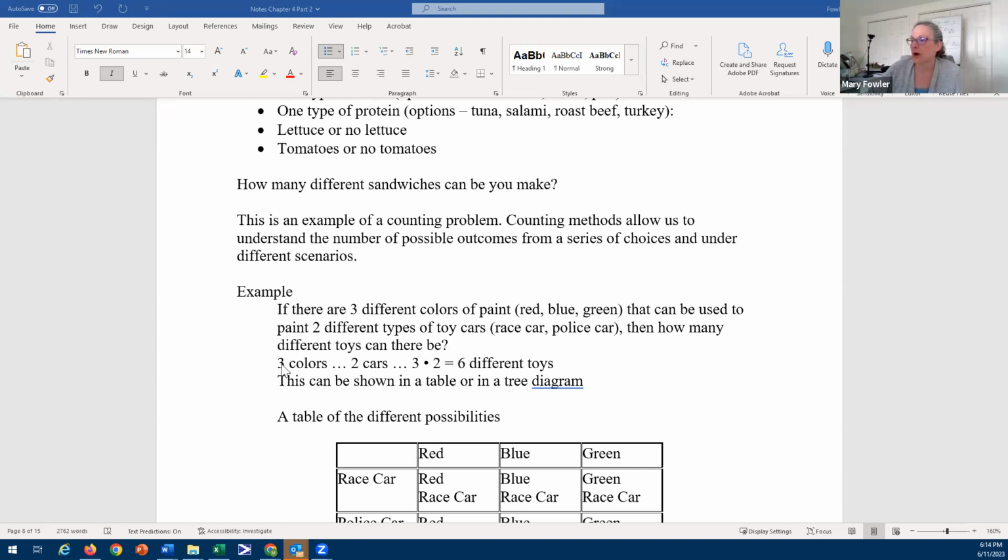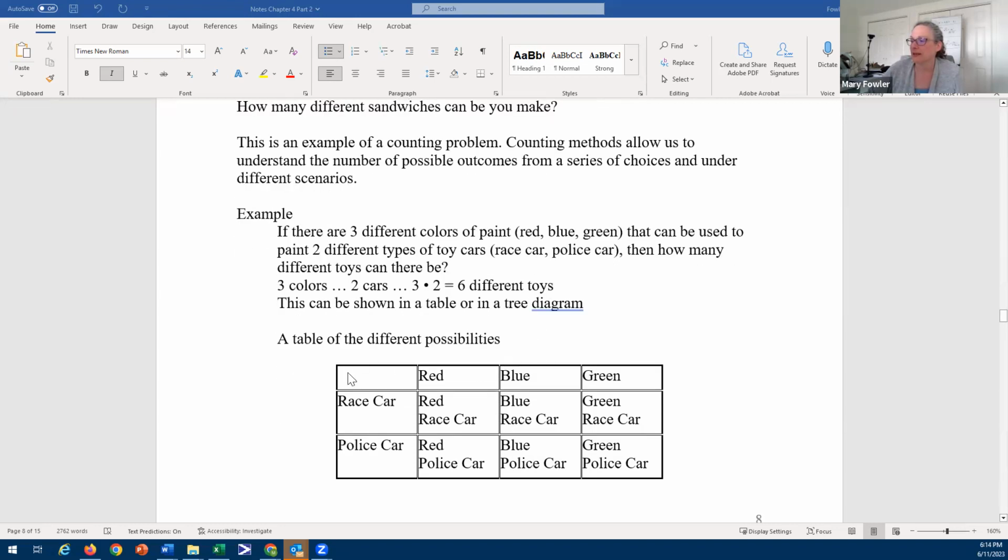I have it laid out here in a table format. For each of the 3 colors, there are 2 types of cars. So there are 3 times 2, or 6 possible toys: red race car, red police car, etc.